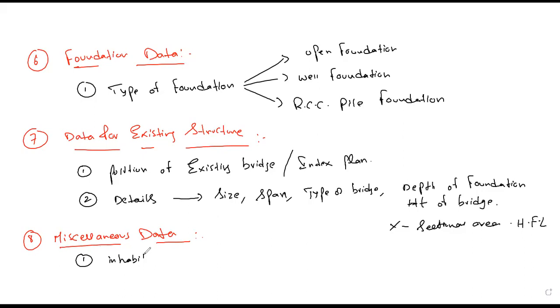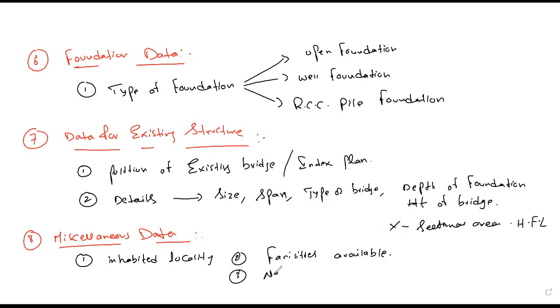And the next one, what are the facilities available? Because the site engineers and the labor, everyone wants to stay nearby the bridges only. So what are the facilities available, like availability of drinking water, accommodations, and materials. These are all data you have to collect before designing the new bridges.